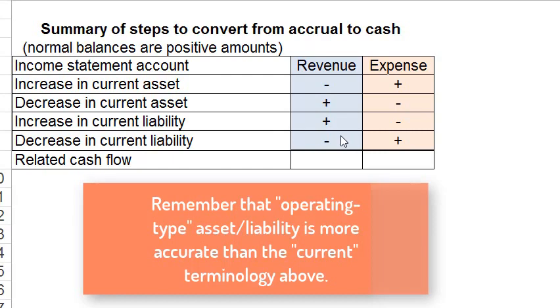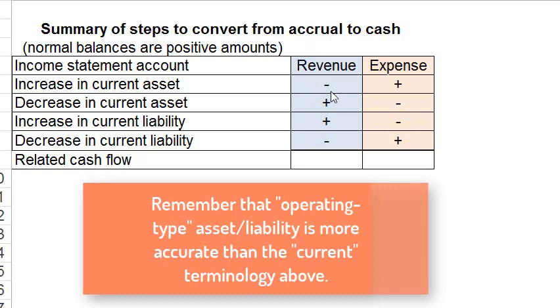Now again, my simple examples had assumed a zero beginning balance in the account. Remember that we're not adjusting for ending balances in those accounts. We're adjusting for the increase or decrease, the change in those accounts. We can actually do the same thing for expenses. For expenses, all of the signs just reverse. So if you can remember the simple example that we started with a few minutes ago and just work through the logic, this sign would be a subtraction.